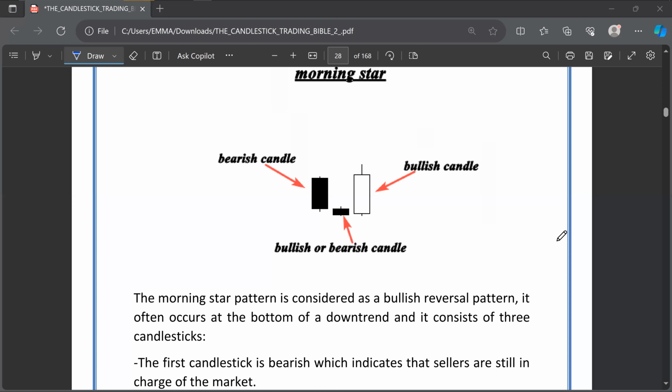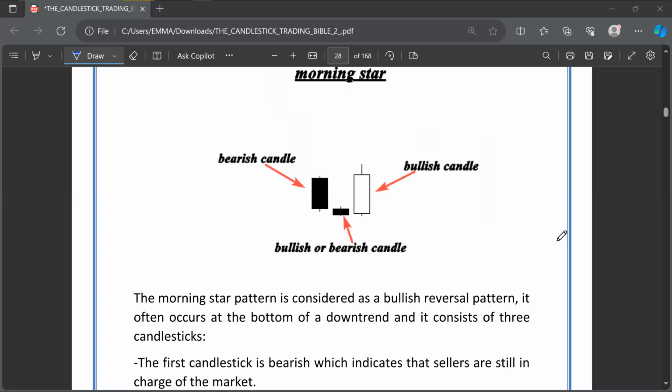Now, the morning star pattern is considered a bullish reversal pattern. I said earlier, if you hear a term being qualified by either bullish or bearish, it means that the reversal is of that qualification.